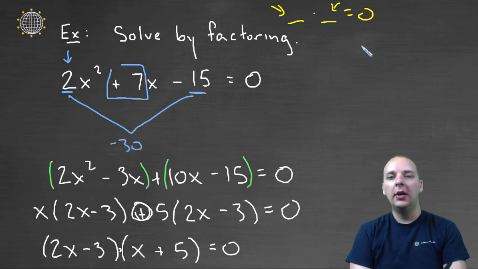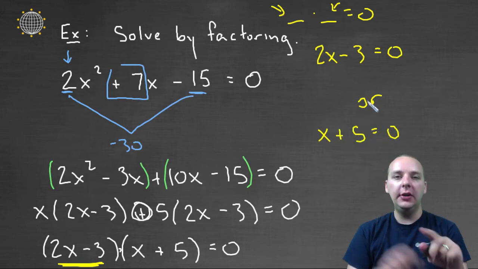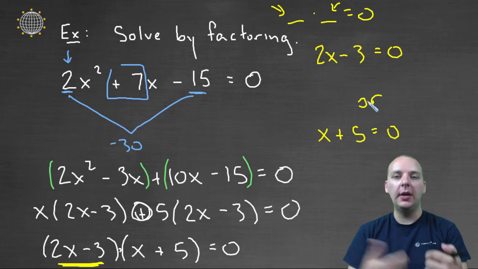That's the only way. You can't multiply 2 non-zero numbers and get 0. So we're going to use that to our advantage. If we have a product equal to 0, that means that either 2x minus 3 must be 0, or x plus 5 would have to be 0. And so those 2 linear equations are going to lead me to my 2 answers.